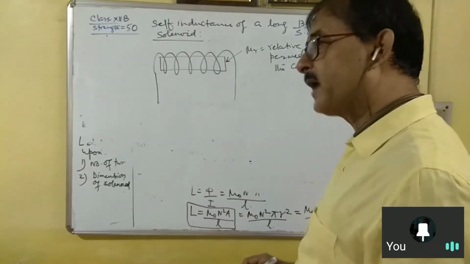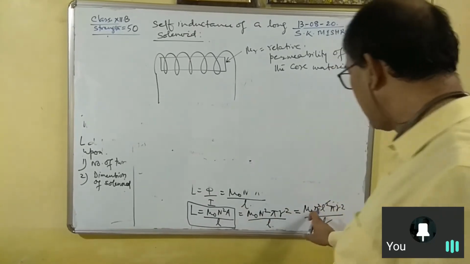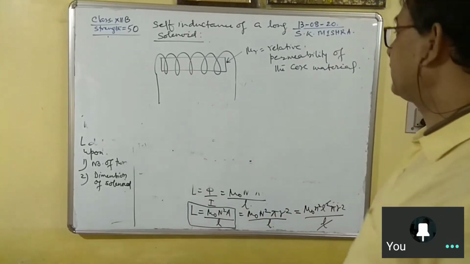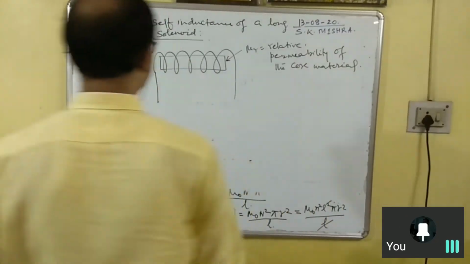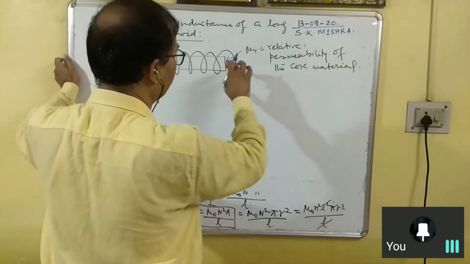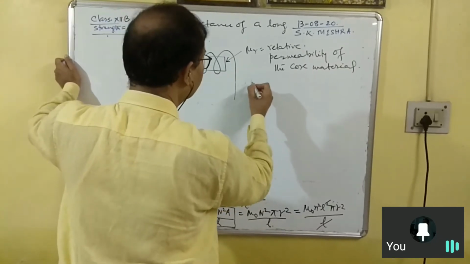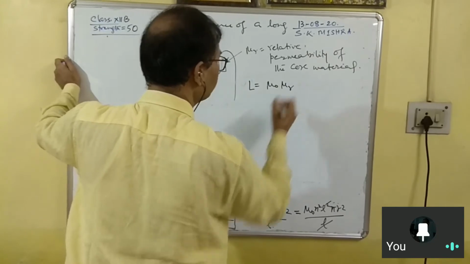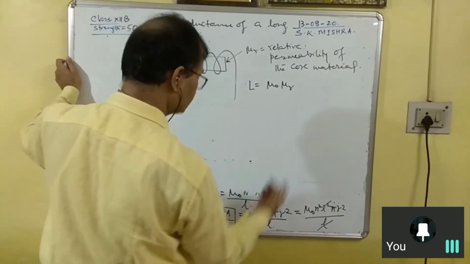For air or vacuum core, the formula is mu naught n square A by L. But for other material, if it is replaced by some iron piece or some soft iron core, then L becomes equal to mu naught mu r also. The mu r term will also be there.